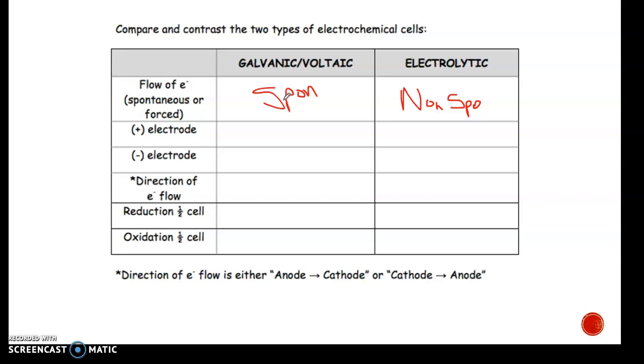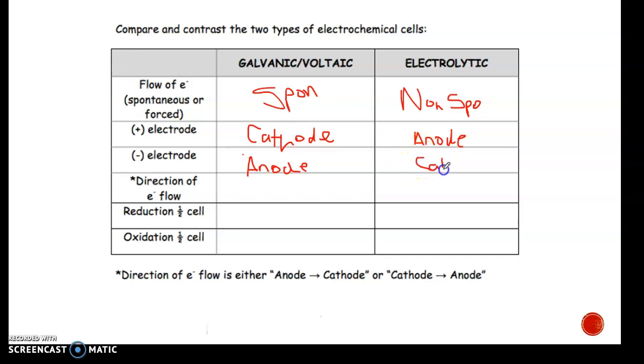Now, when it came to the electrodes, the positive electrode was a cathode in voltaic, and now in the electrolytic, it is now the anode. And the negative electrode in voltaic was an anode, and now the negative is a cathode.